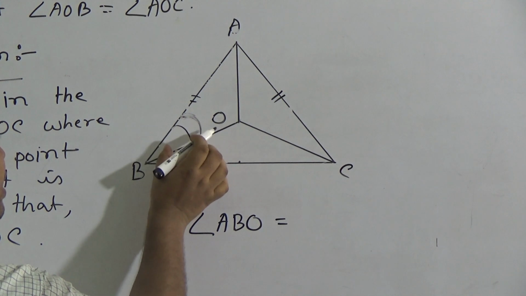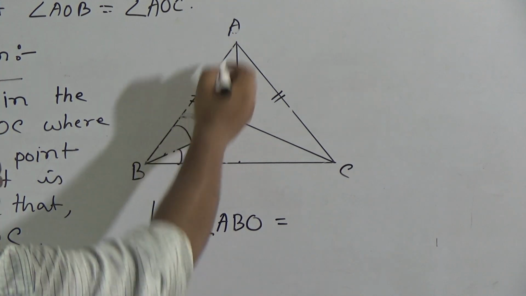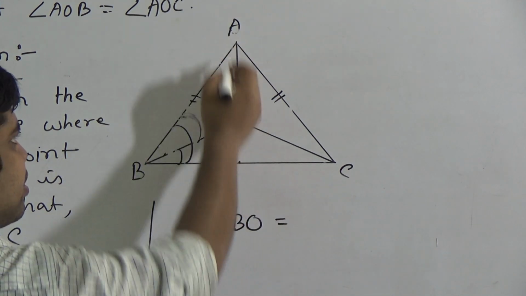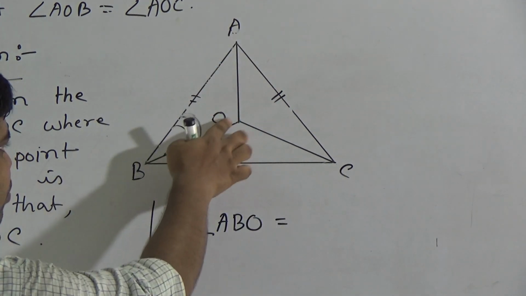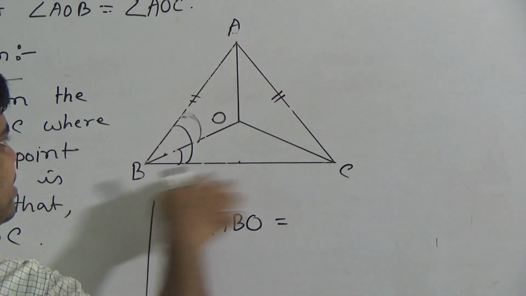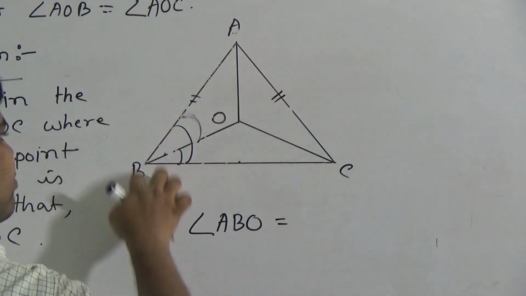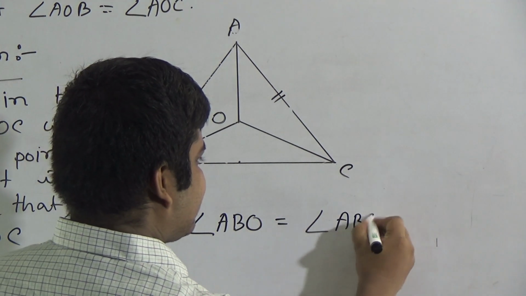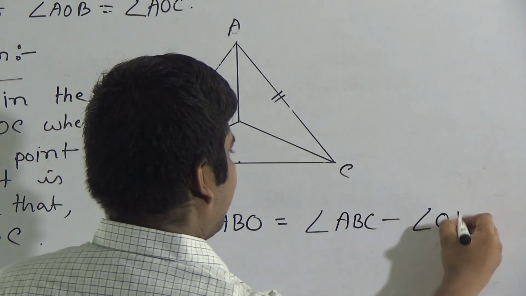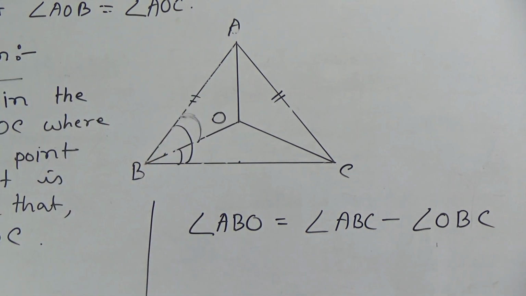I repeat this again. Suppose this is the whole angle ABC, and if I subtract OBC from ABC, then we get ABO. Now write this angle: ABC minus OBC. I hope you have understood.